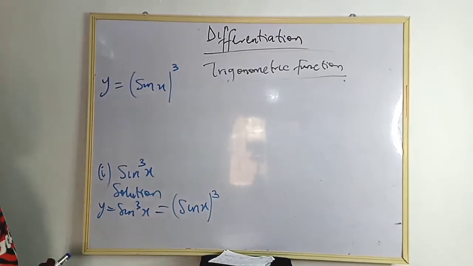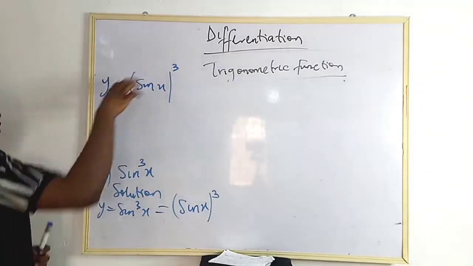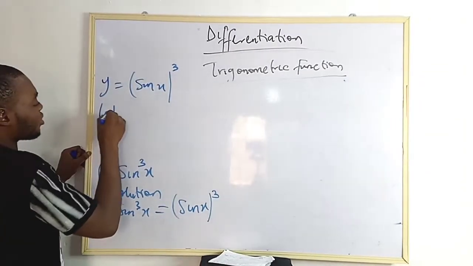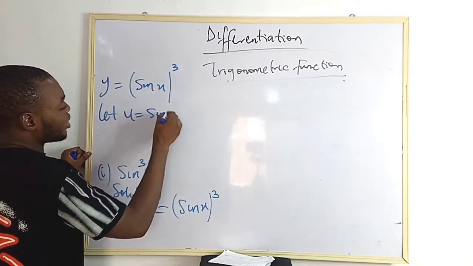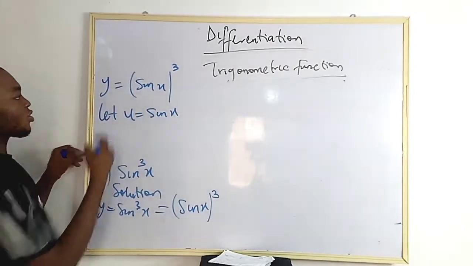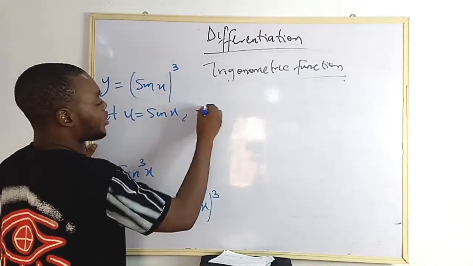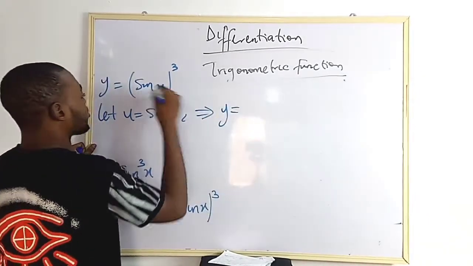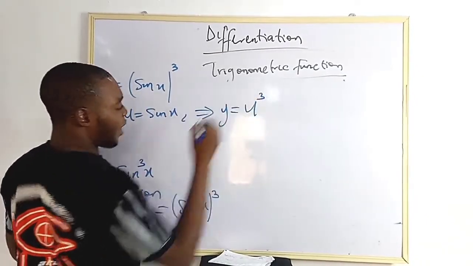Using function of a function, you say let u equal sine x. If u is equal to sine x, that implies y will be equal to u raised to power 3.